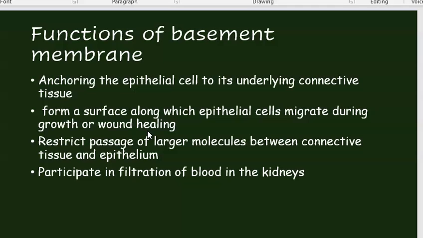So in such cases, the basement membrane forms a surface along which these cells migrate during that growth. Then they restrict passage of larger molecules between connective tissue and epithelium, and it also participates in filtration of blood in the kidneys. So these are the main important functions of basement membrane.